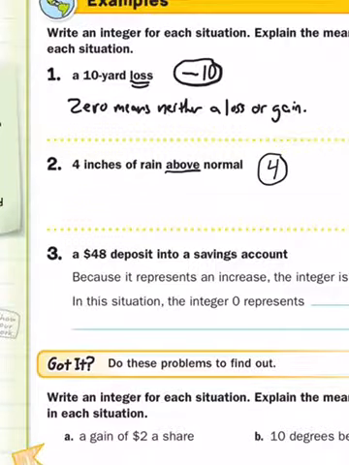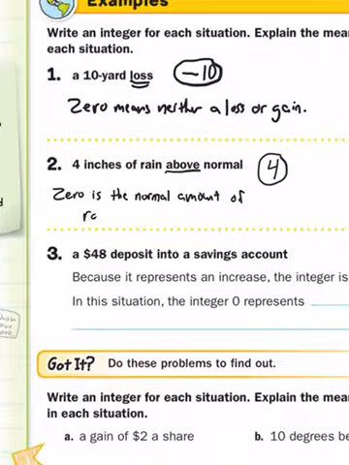A positive is rainfall above normal. A negative is rainfall below normal. So guess what 0 is? 0 is the normal amount of rainfall. So 0 is the normal amount of rainfall. Okay. Now, in example 3, you're going to do this with me.